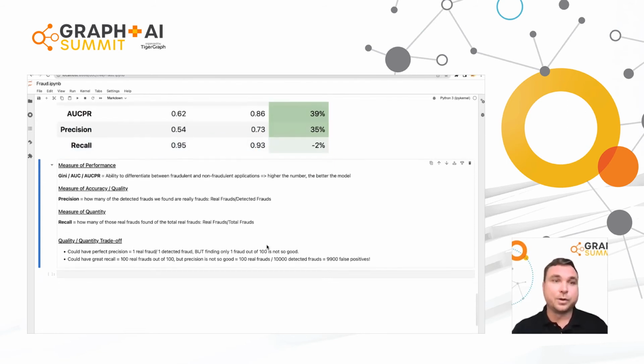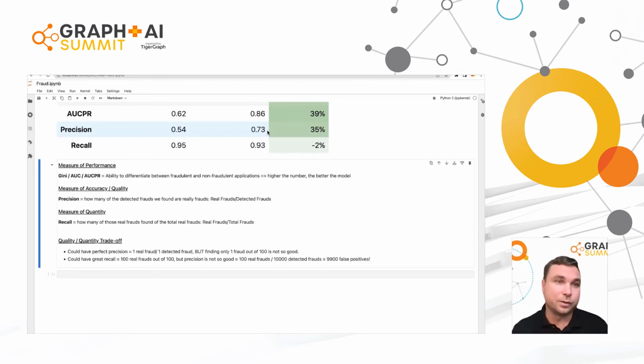But it's important to note that there's actually a trade-off between precision and recall, or the accuracy and the quantity. So for example, you could have perfect precision. Imagine that in the data set there were, say, 100 fraudulent applications, and you flagged one, and yes, that one was a fraudulent application. So you could have a precision of 100%, but you miss 99 other fraudulent applications.